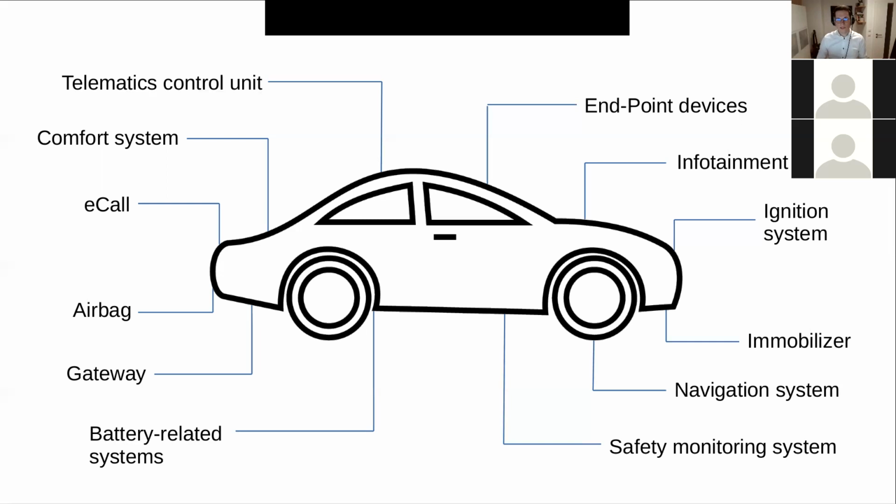And last but not least, another core component of modern vehicles are safety monitoring systems. So this is everything related to safety stuff or safety information within the vehicle. So this could be, for example, something like automatic braking or adjusting the speed in a safe manner so the vehicle is adjusting the speed by itself, basically.